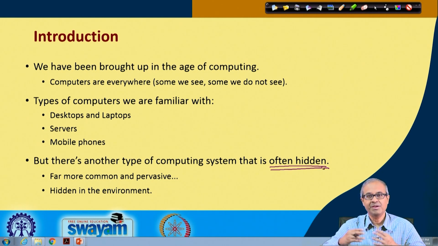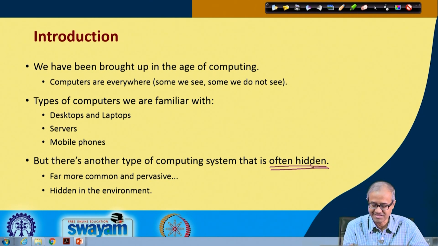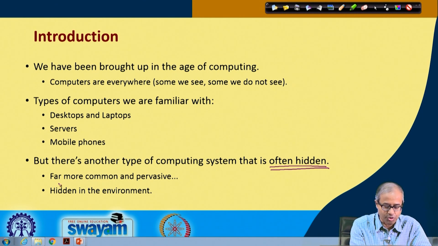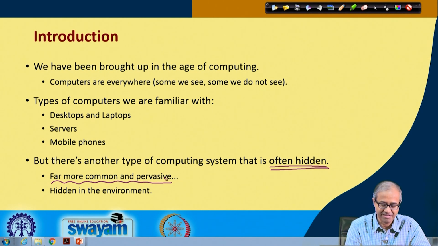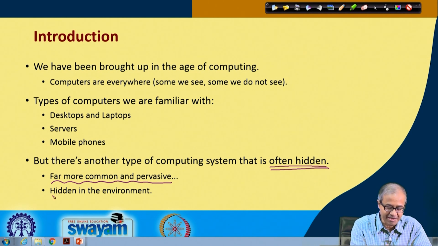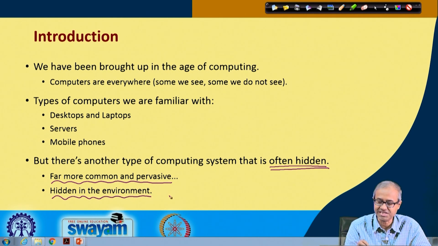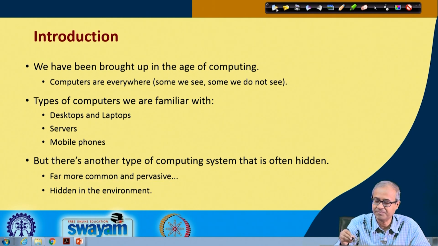No. But inside those machines, there is some computing brain hidden. That is what I am referring to as hidden. These are far more common in our daily life and pervasive, they are everywhere. And the point I want to make is that they are hidden in the environment for which they were created.